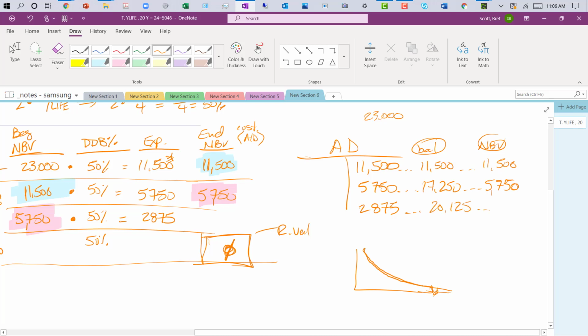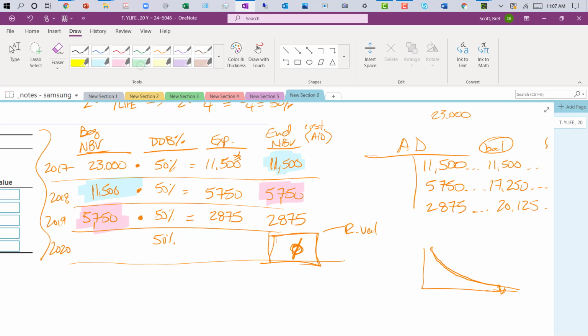So this must be net book value 23,000 minus 20,125. 2,875. Yeah. Interesting. 2,875 is my ending book value. So then I take that sucker and bring it over to the beginning. 2,875.